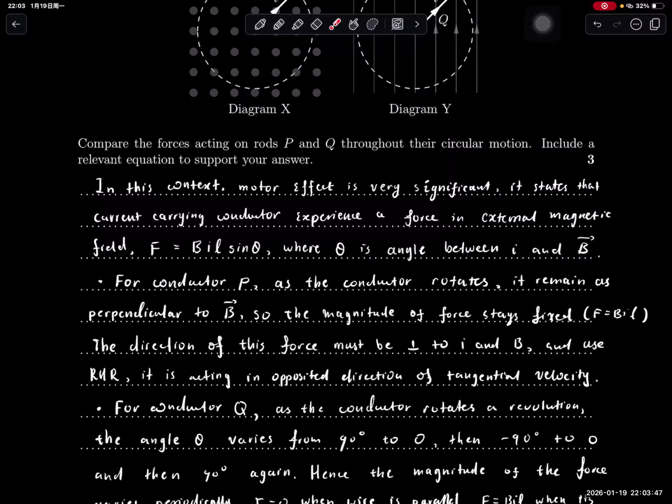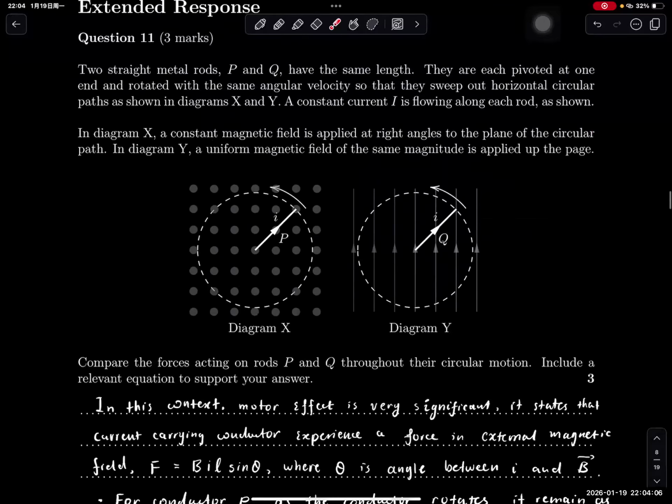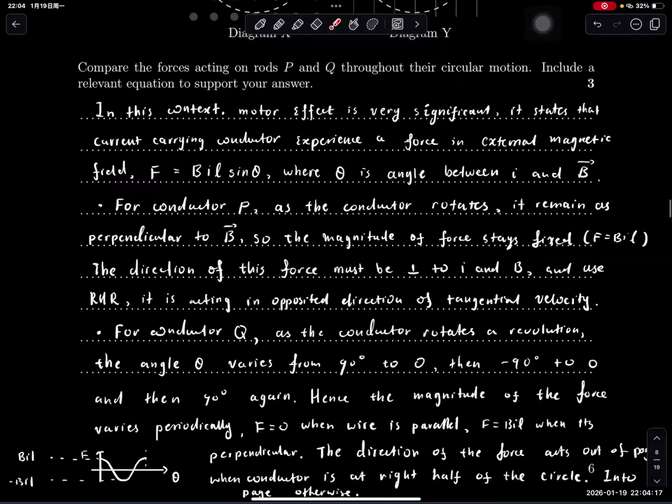If we use the right-hand rule, it acts in a perpendicular direction to your tangential velocity. The tangential velocity goes like this, and the force is always in the opposite direction. So if the wire was here, the tangential velocity would be this one, and then the force would be this one. I'm trying to explain this.